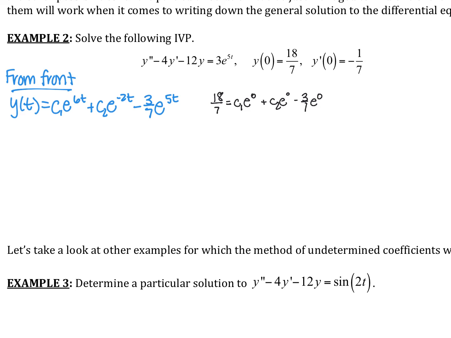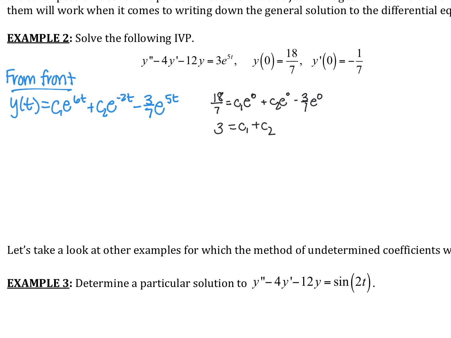So I've got that one. So really, let's make it simple. If I add 3/7, what do I get? 21/7, well, that's 3. So 3 equals c1 plus c2.